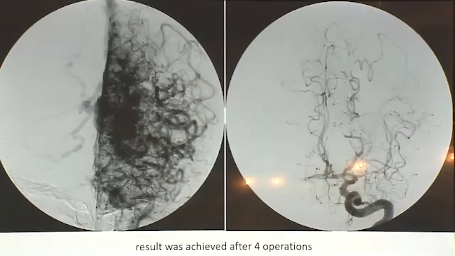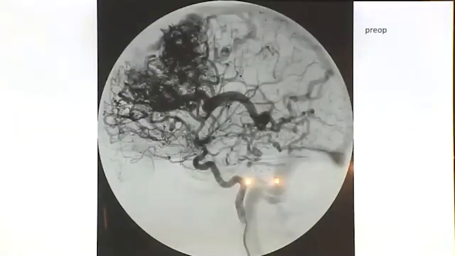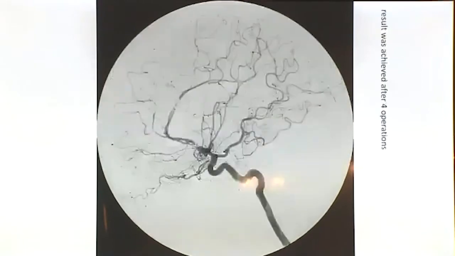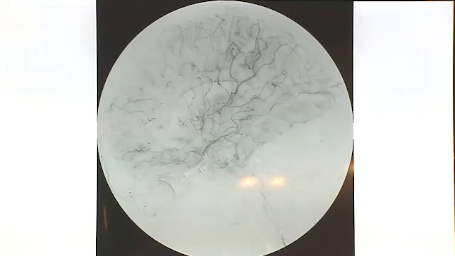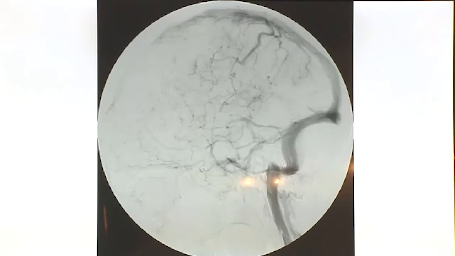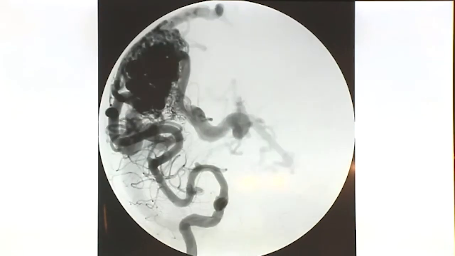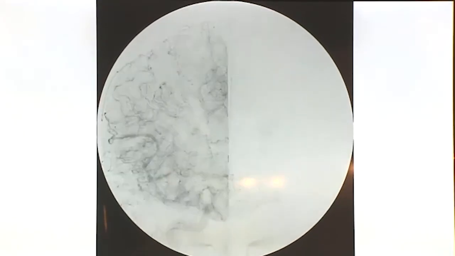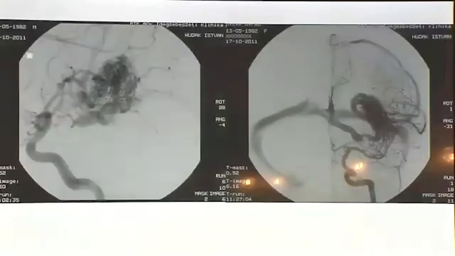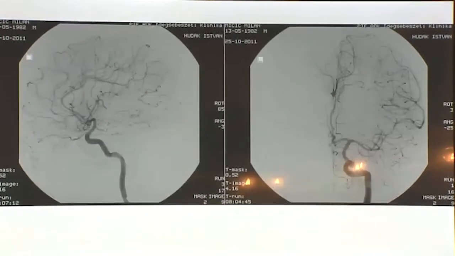And result. Before operation and after operation. This is the same deep AVM after operation and deep thalamic AVM, left side, after operation.